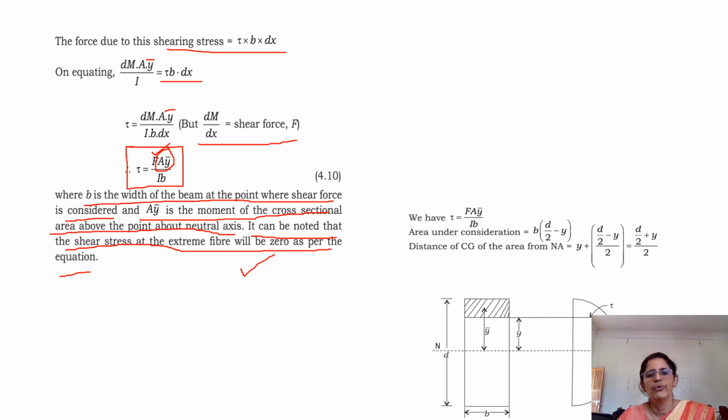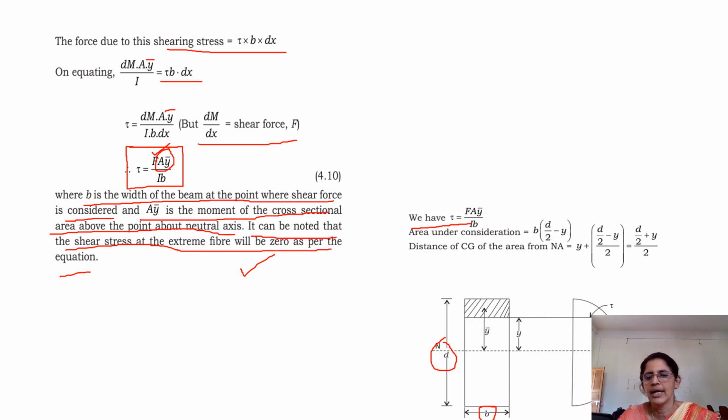Okay. So if you go through the typical case of a rectangular section, which is the simplest one, this is case 1. Your equation is F AY bar by I B. If you take a cross section over here, taking the breadth as B and depth as D, you already know the neutral axis goes at D by 2.